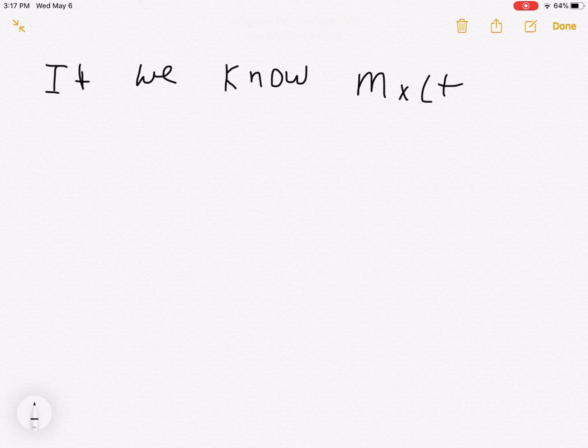If I know the moment generating function, then we know p of x.